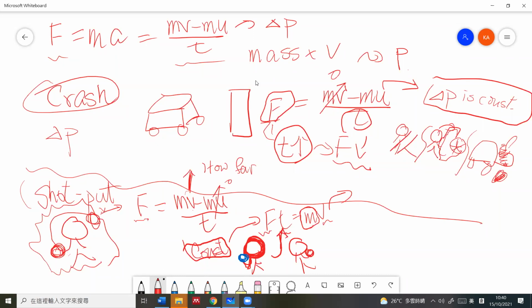So why do we need to put the ball next to our neck and then rotate ourselves? Because we want to increase the time. 因為你冇可能係好短時間之後咧 increase the force 嘅，你本身咁大力就係咁大力㗎嘛，係咪？咁所以咧，you can only increase your time, so that you put the ball next to your neck and then rotate yourself to increase the time.